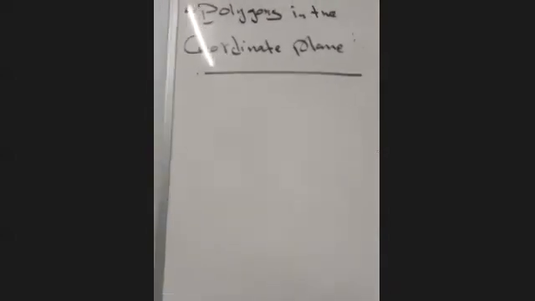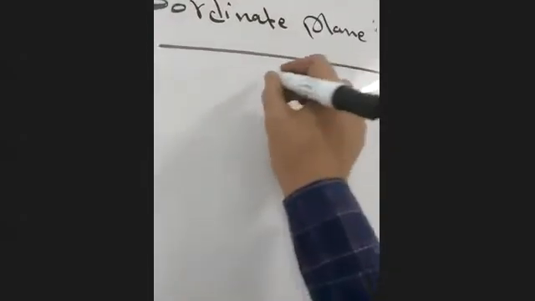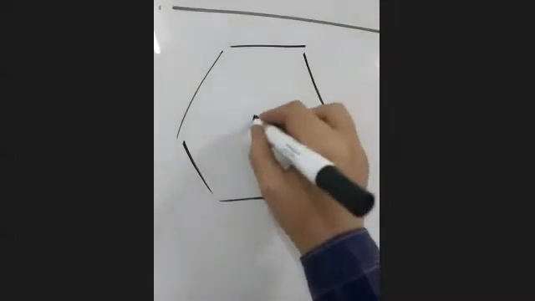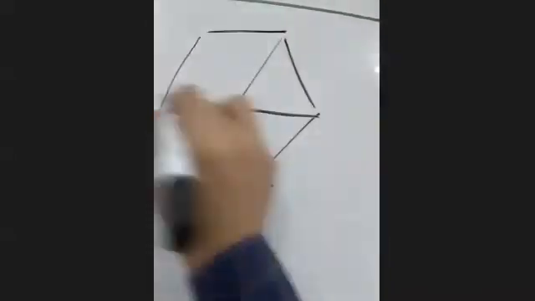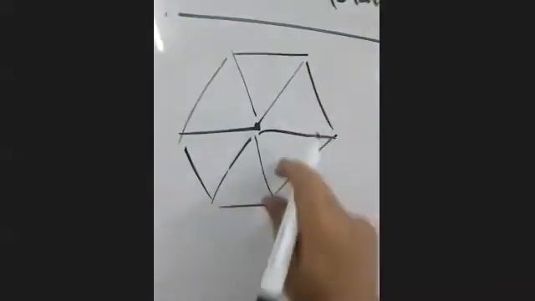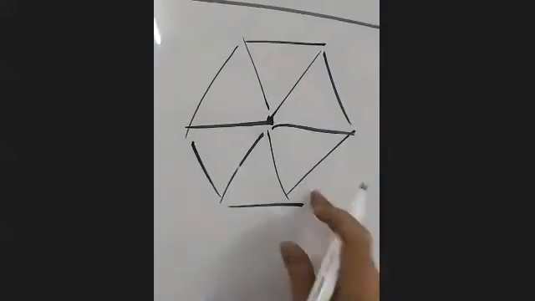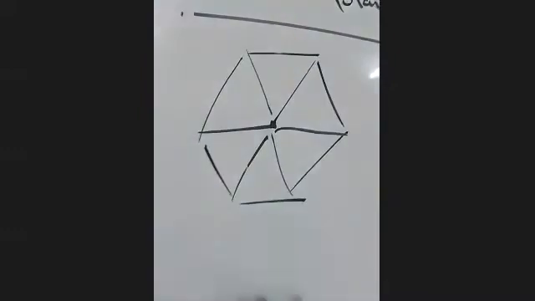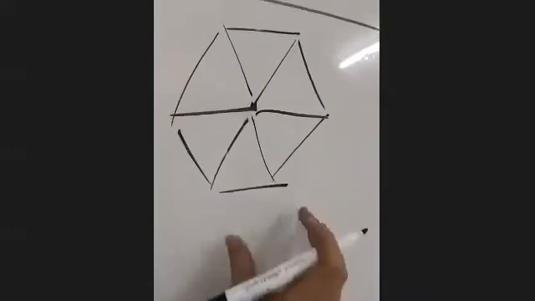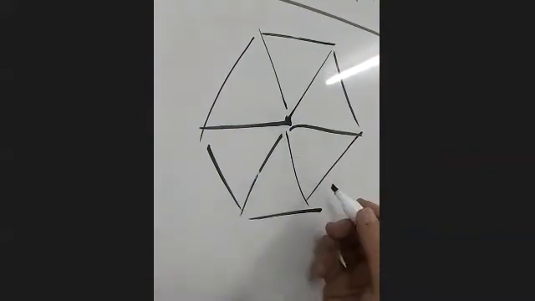And we said to find the area of, for example, a pentagon, we split this pentagon into triangles. Because we have 6 sides here, 1, 2, 3, 4, 5, 6, this is a hexagon, sorry. Because we have 6 sides, we have 6 triangles.